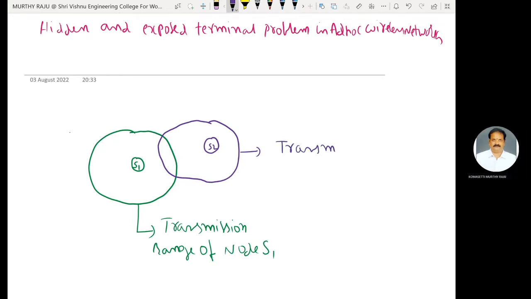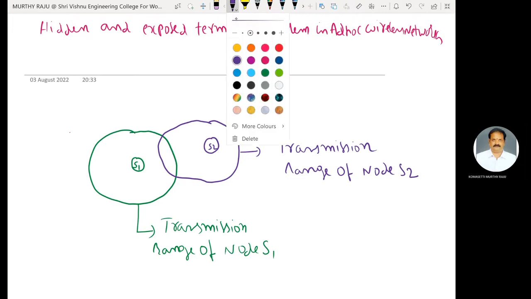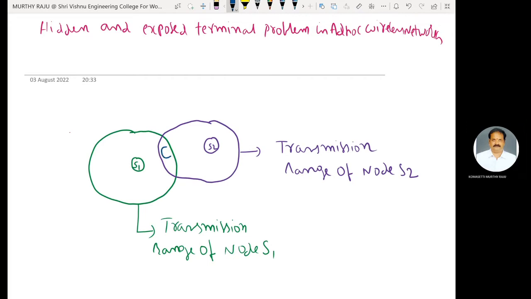This is the transmission range of node S2. R1 is here.